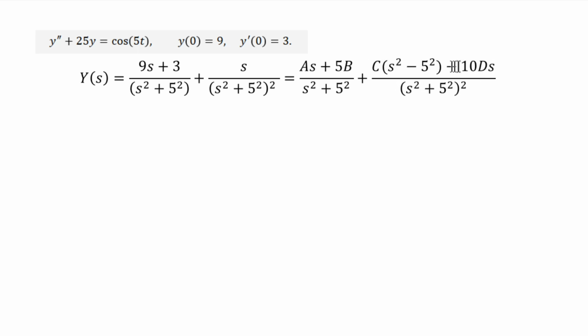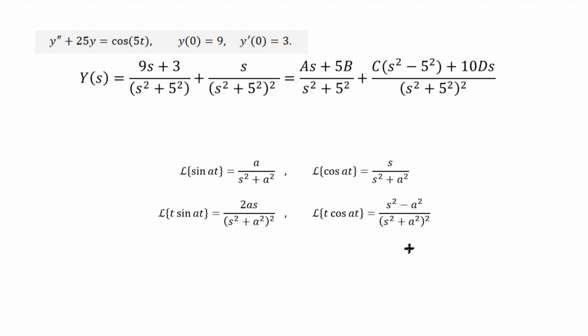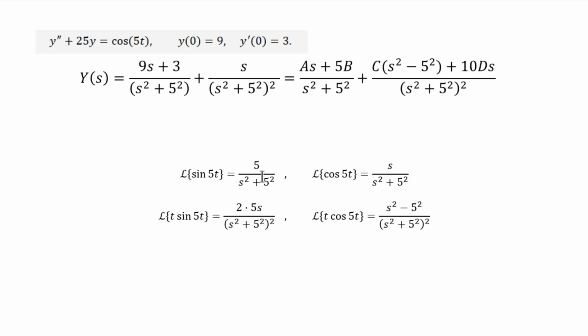It's something really strange. And the reason we have such a strange partial fraction decomposition is because if you look at the table of Laplace transforms with a, since in our case a is 5, if we change to 5, then this is s over s squared plus 5 squared, which is cosine 5t, and this is 5 over s squared plus 5 squared, which is sine 5t.